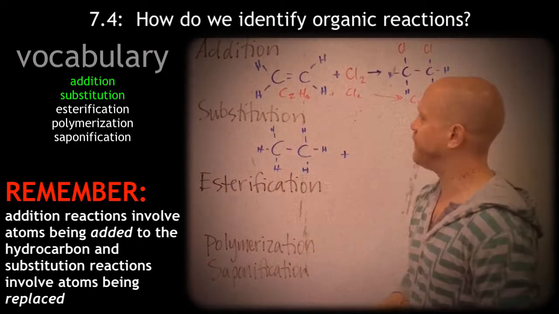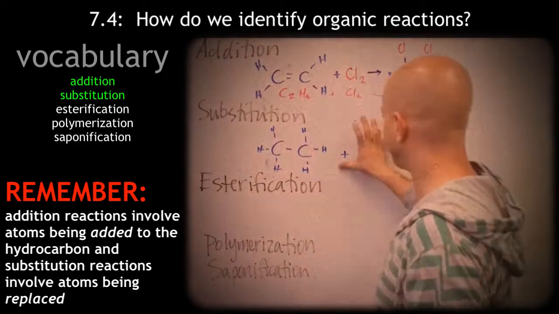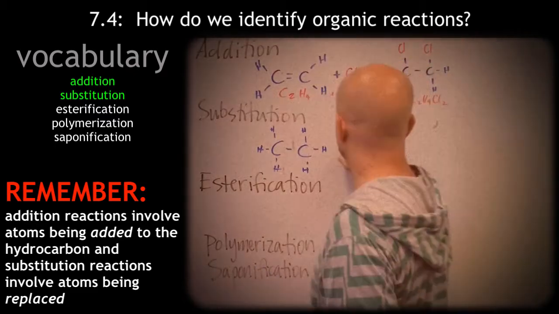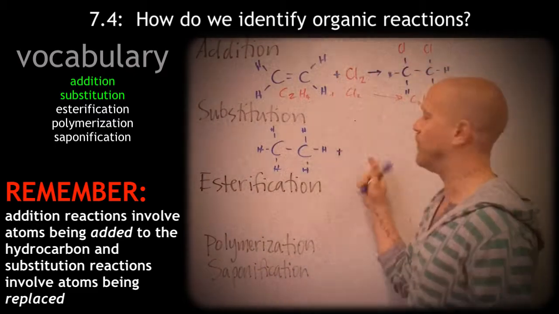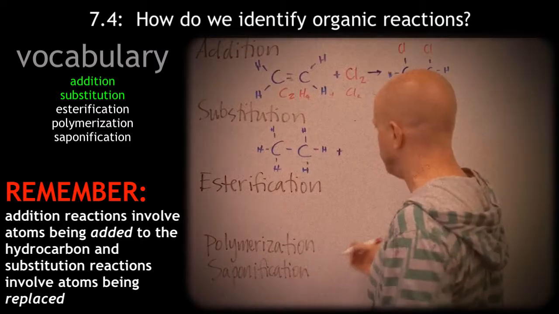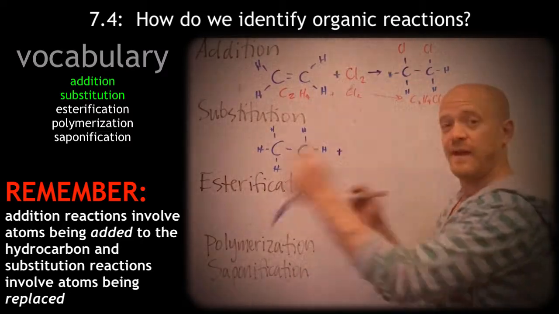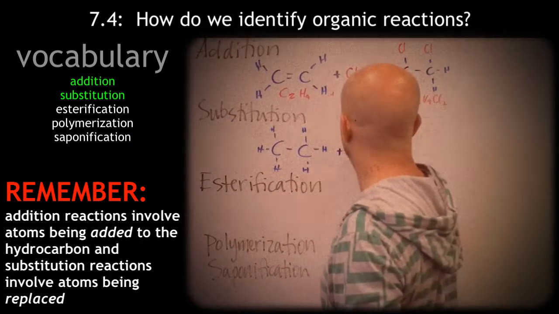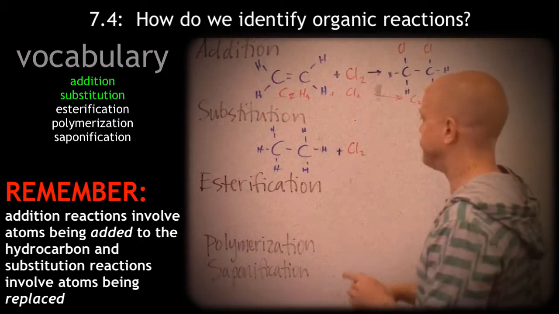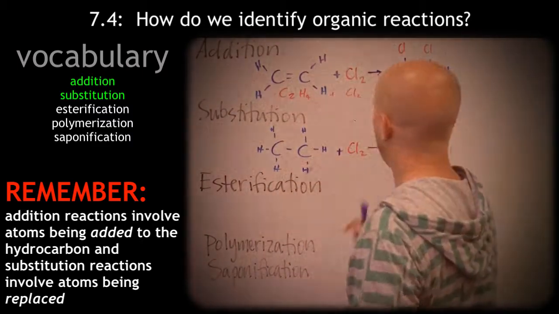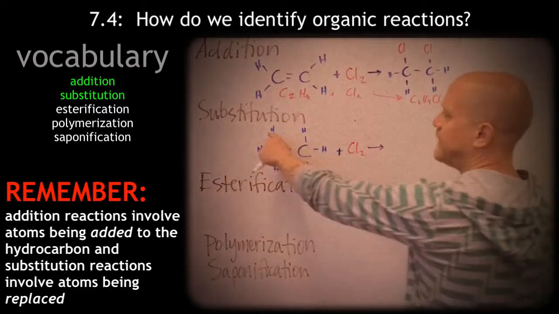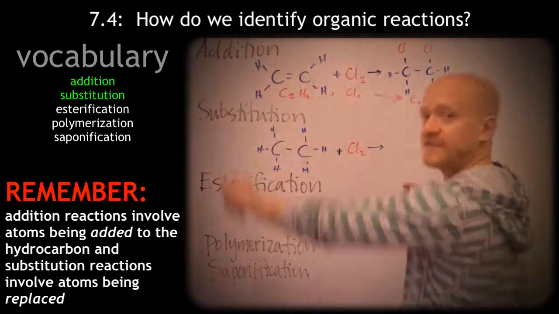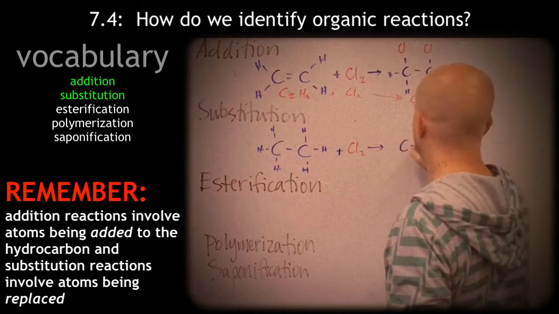We're going to do the same thing for our substitution reaction. Now you could either add Cl2 or, typically, they'll add HCl or Cl2. But basically you're going to pay attention to the final product. So in this one we're going to add Cl2 as well. And what you're left with is you're going to take off one of these hydrogens and substitute it with the chlorine.